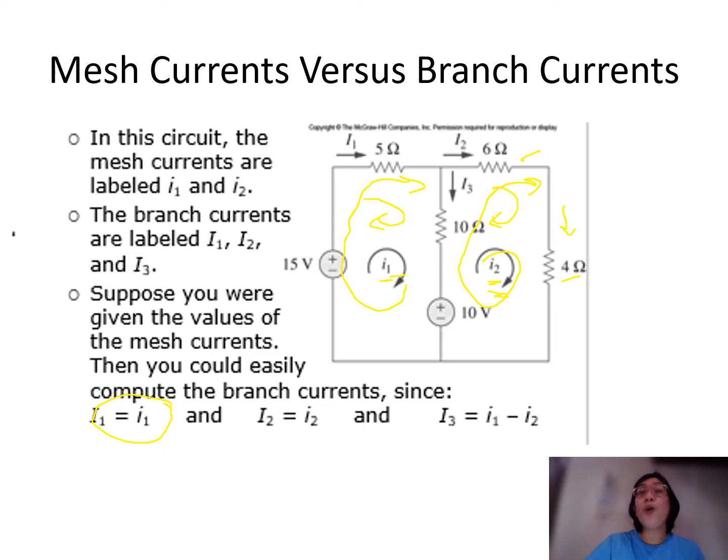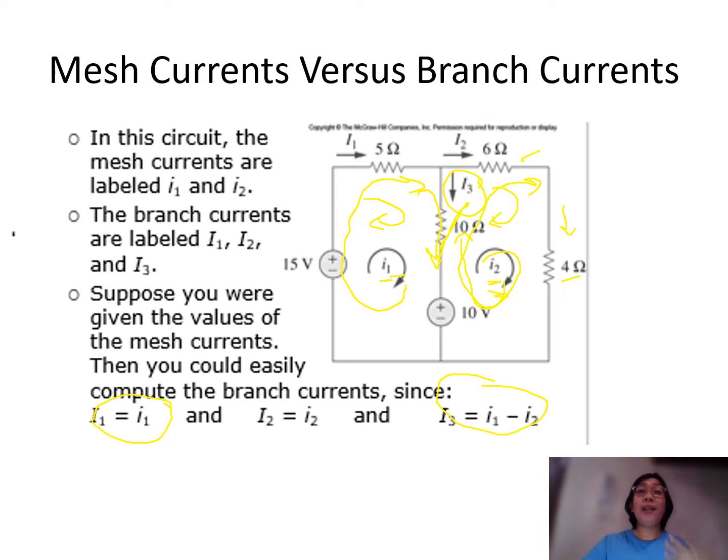If we follow this loop here, your I1 is in this manner and your I2 is in this manner. If this is our assumed direction of I3, I1 has the same direction as your I3, while I2 has the opposite direction of our I3, making your I3 equal to I1 minus I2.